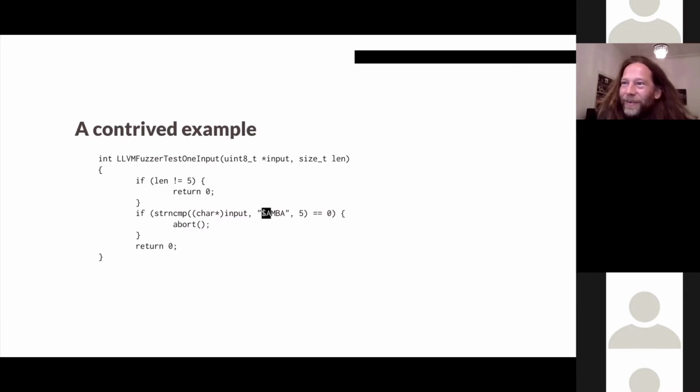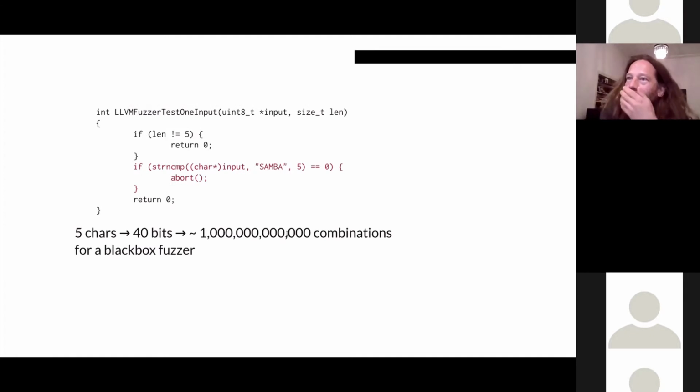And if you give it 5 bytes that match that, it'll crash. So now, if you had a blackbox fuzzer, that's 40 bits. You know, what is it? 1 trillion combinations.